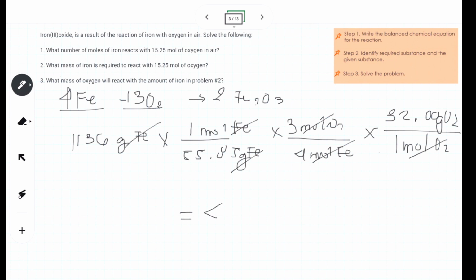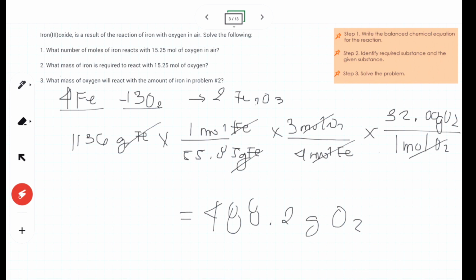We would get 488.2 grams of oxygen. We also need to ensure that our final answers adhere to the rules of significant figures based on the provided data. In problem number 1, the lowest significant figure is 4. That's why all our answers must be in 4 significant figures.